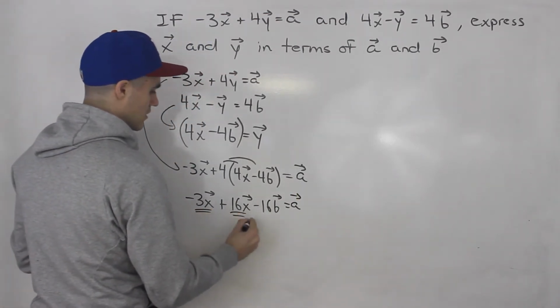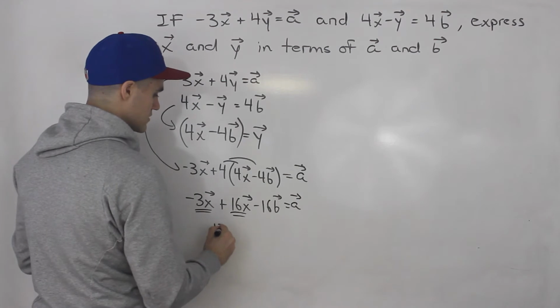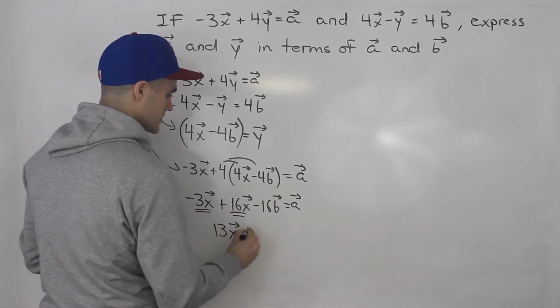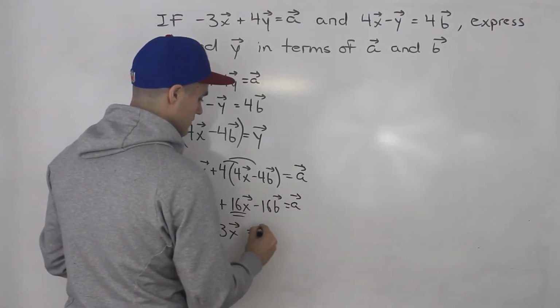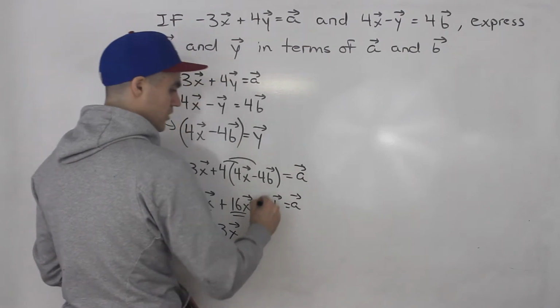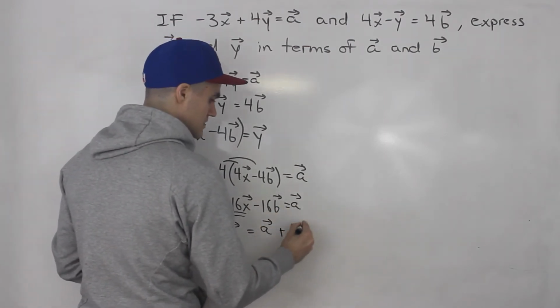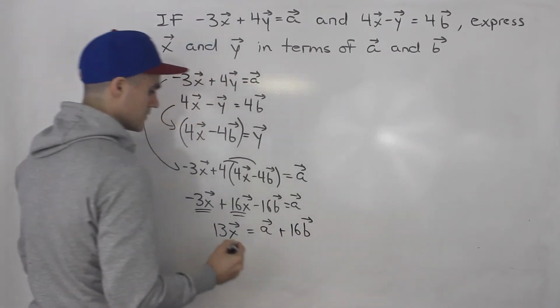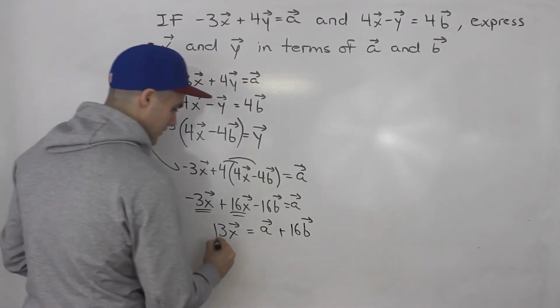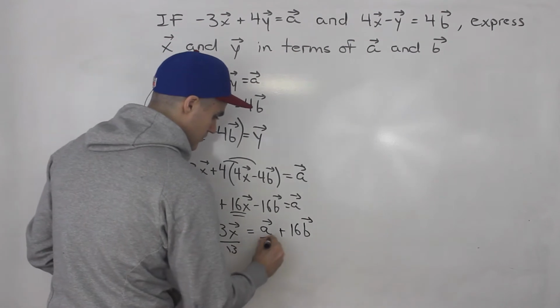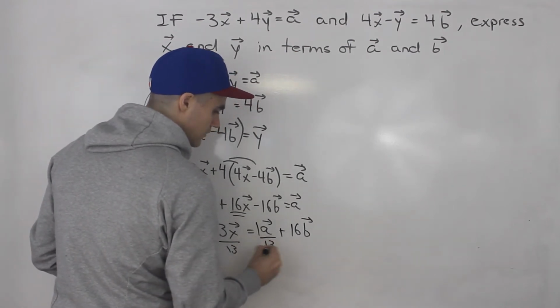These here are like terms, that is 13 times vector x equals vector a, bringing this -16 vector b over, that would be +16 times vector b. And then notice how we can divide everything by 13. There's like a 1 in front of this a.